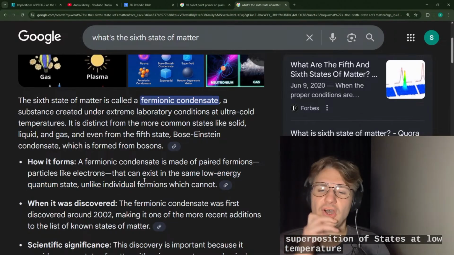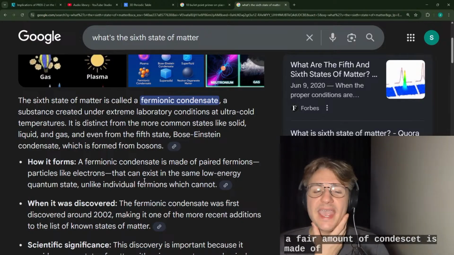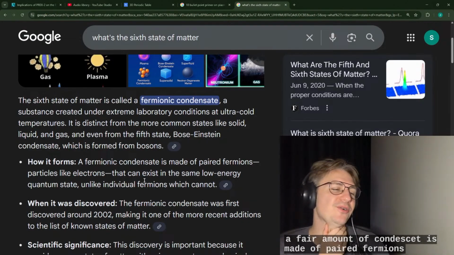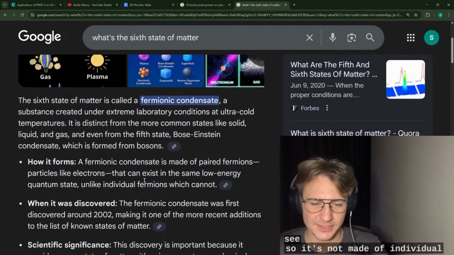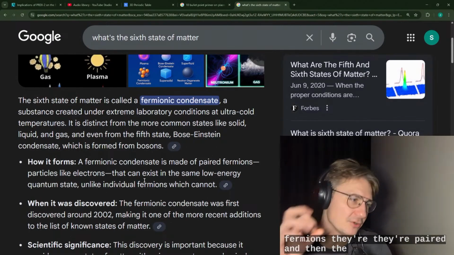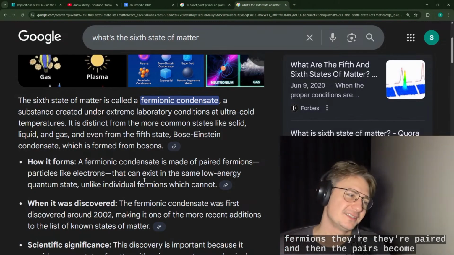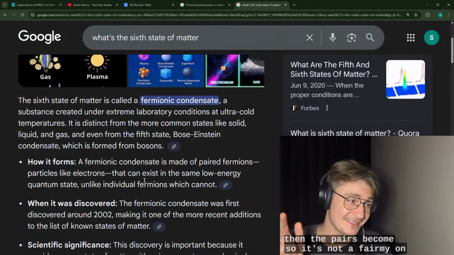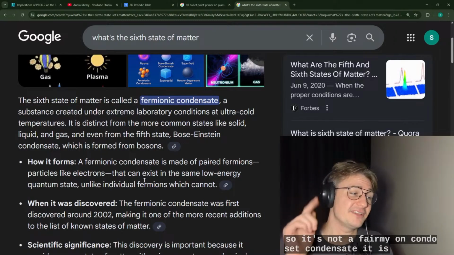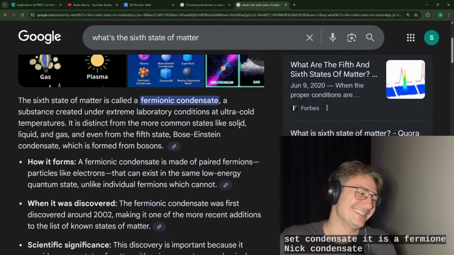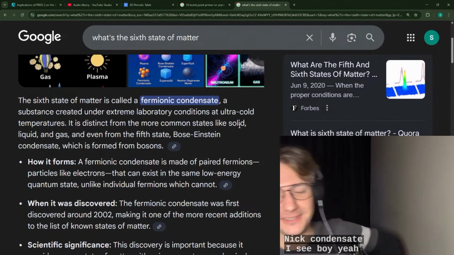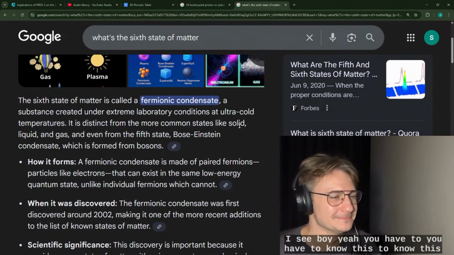A fermionic condensate is made of paired fermions. Oh, I see. So it's not made of individual fermions. They're paired, and then the pairs become... So it's not a fermion condensate. It is a fermionic condensate. I see. Boy, you'd have to know this to know this.